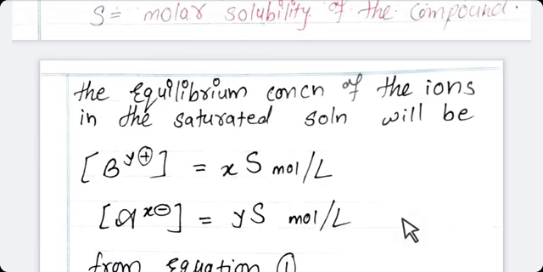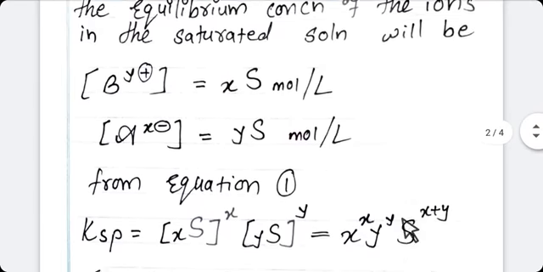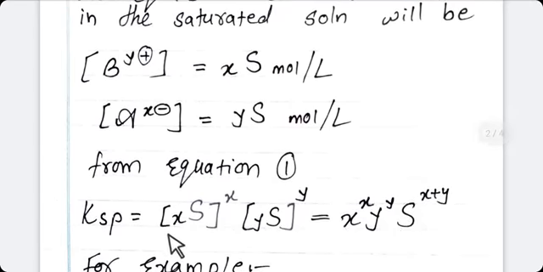When we put this value in the formula of solubility product, we get Ksp is equal to (xS) raised to x, (yS) raised to y. When we simplify these values, we get x raised to x, y raised to y, and S raised to x plus y. So this is the relationship between solubility and solubility product.